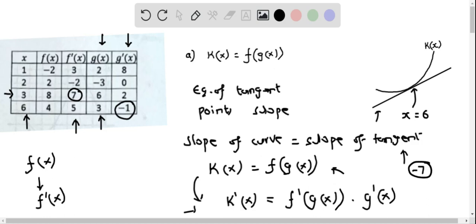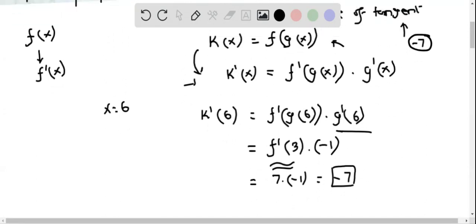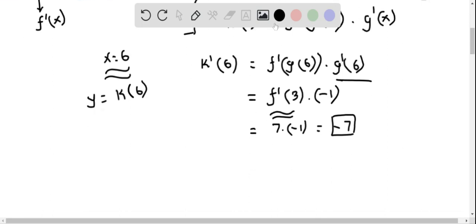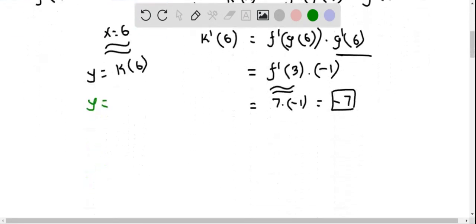Okay, so now that we have determined the slope, we need the point. We have the x coordinate of the point, which is 6, but we want the y coordinate. The y coordinate is basically k of 6. For that, I'm going to copy k of x, which is f of g of x.